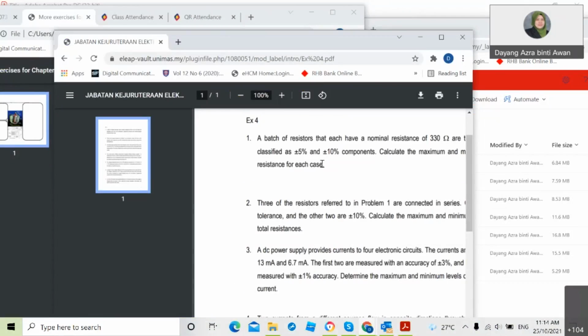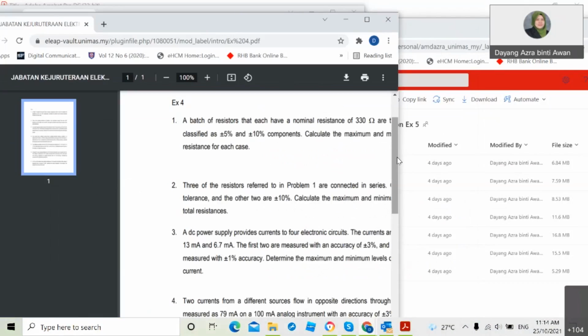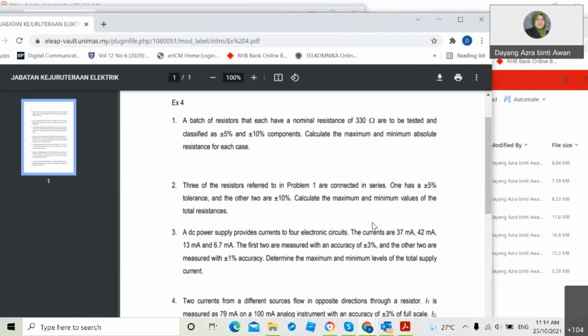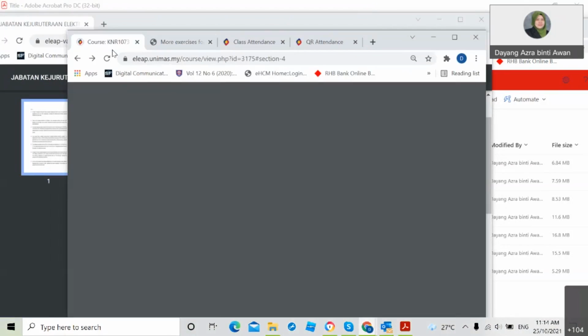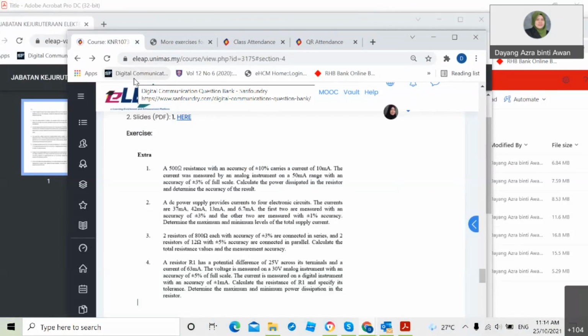This one is a page of resistor. This is your answer for question number 1: 500 ohm resistance with accuracy of plus minus 10%.